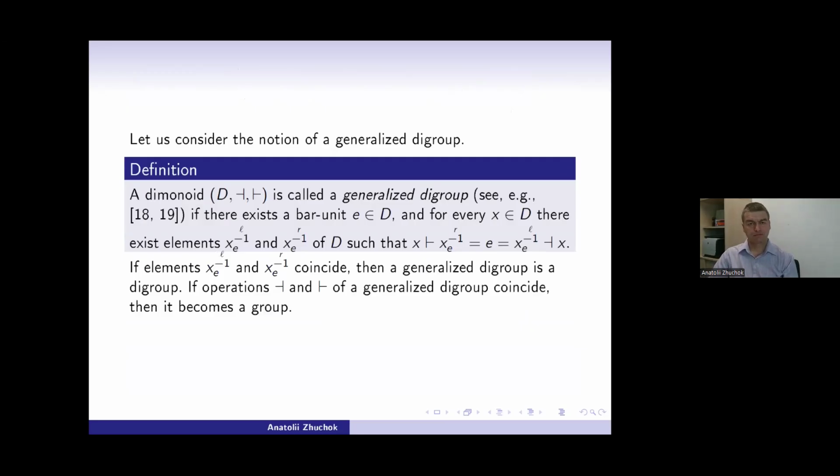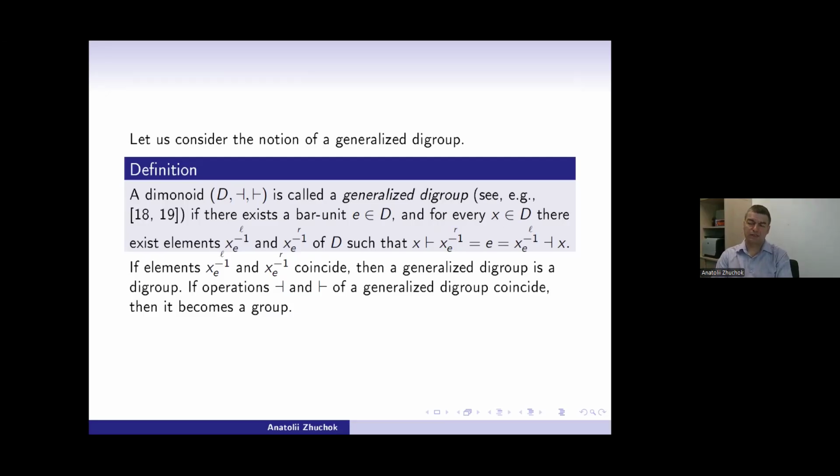Okay, and let us consider the notion of generalized D-groups. A dimonoid is called a generalized D-group if there exists a bar unit e, and for every x there exist two inverse elements. In the case of a D-group, we have only one, a unique inverse, but in the generalized case, we have left and right inverses, and these can be different, but can also coincide.